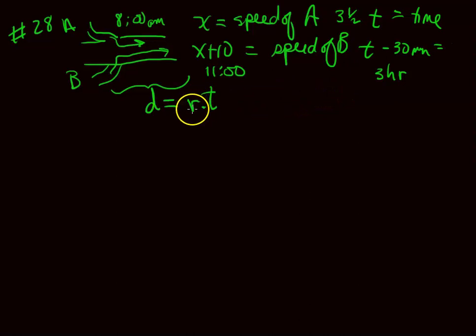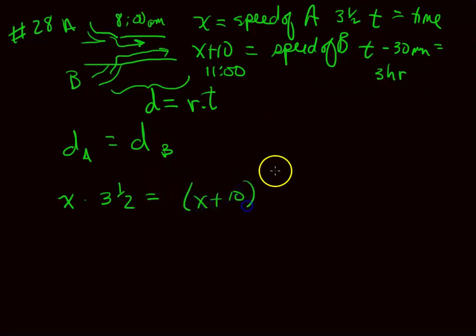So we've now got the rate times the time, and we can make the distances equal. The distance for A equals the distance for B. The distance for A is the rate for A, which is x, times the time, which is 3.5. The distance for B is the rate for B, x plus 10, times the 3.